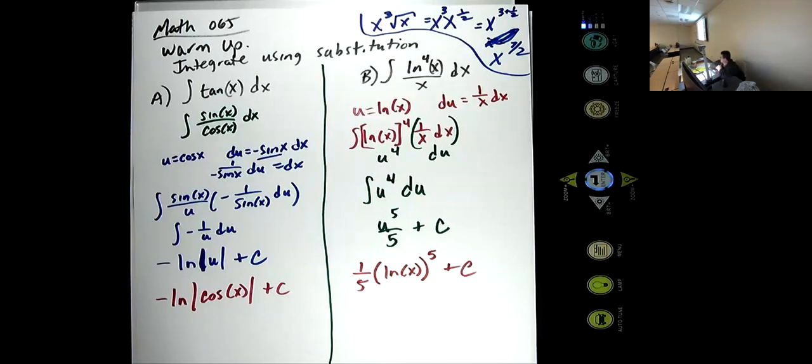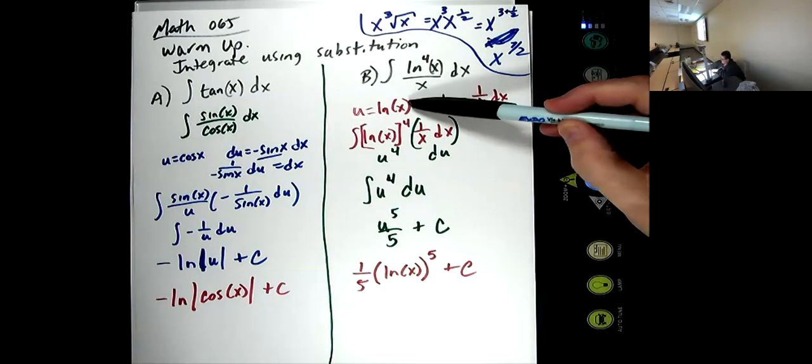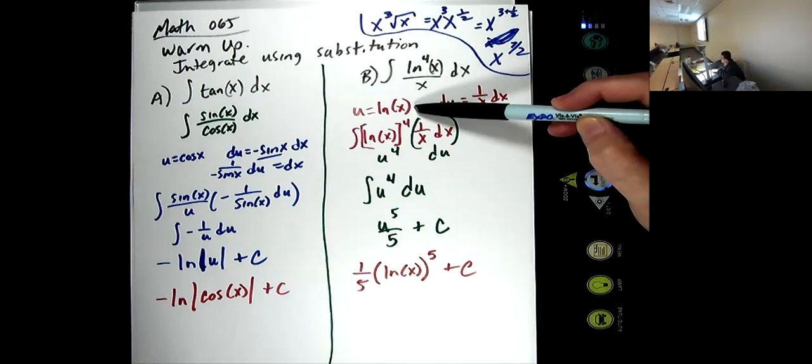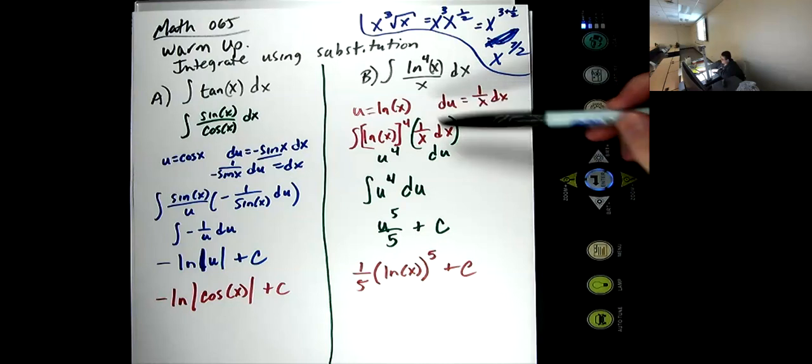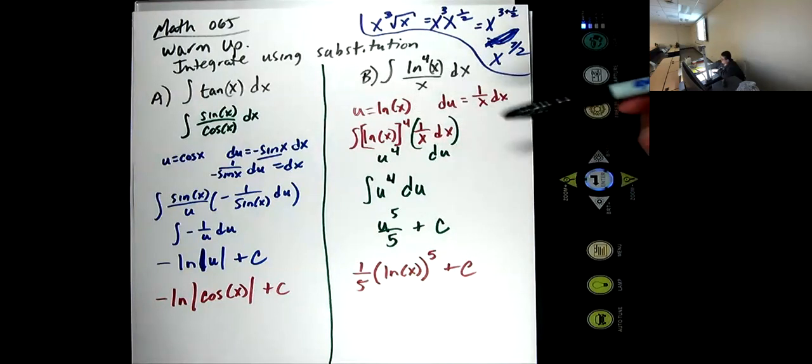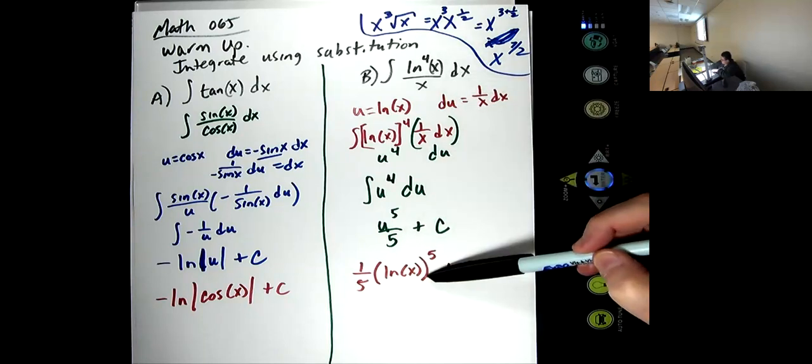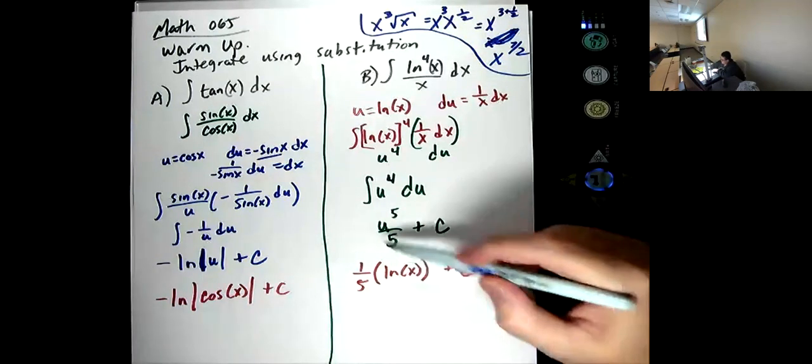Substitute. The x in the denominator went away with the du dx. So our u did not have a 1 over x in it. U was just natural log of x. So when I put u back in, I'm just replacing u with natural log of x.